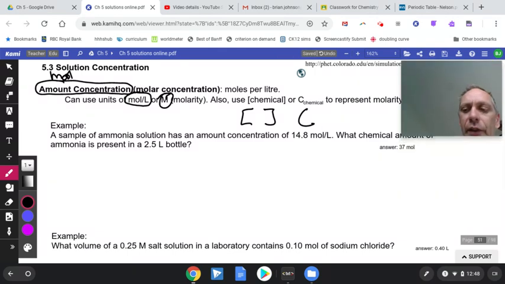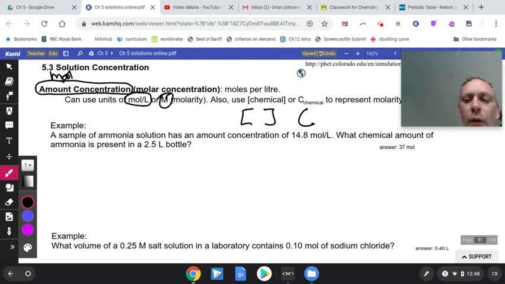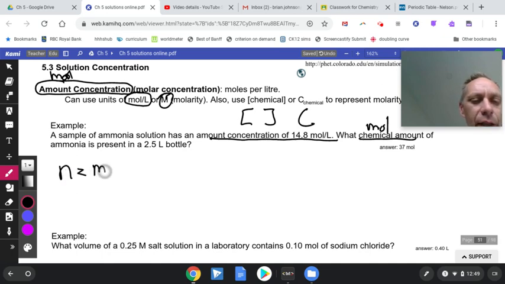Let's take a look at an example here. What chemical amount of ammonia is present in a 2.5 liter bottle when you have that concentration? What chemical amount? Okay, so we are looking for moles. That's what chemical amount means. Hopefully you remember the symbol for moles, n. n equals moles. So when I solve this, I'm looking for moles.